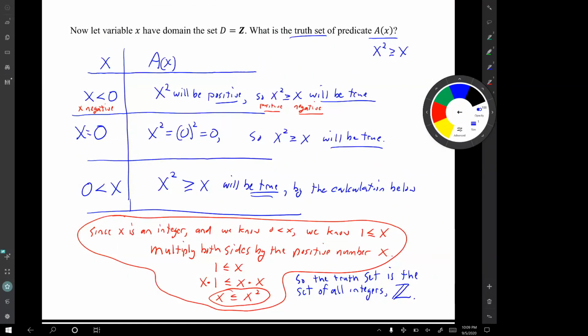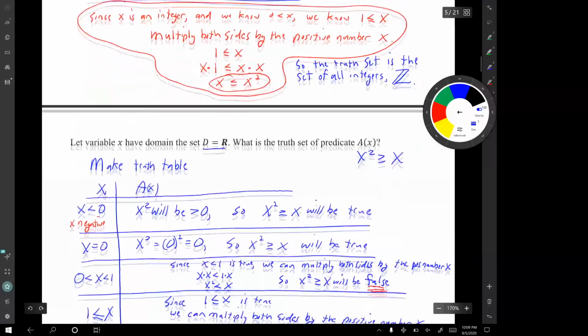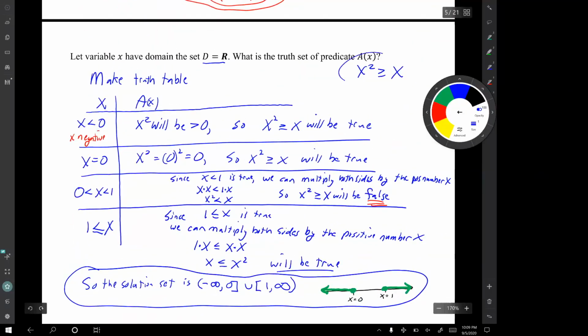Earlier, we found that when we are looking at this predicate in the domain, the set of all integers, the true set was the set of all integers. Every integer makes that predicate true. But when we were looking at the same predicate with the domain being the set of all real numbers, not every real number made the predicate true. The true set was this subset of the real numbers.